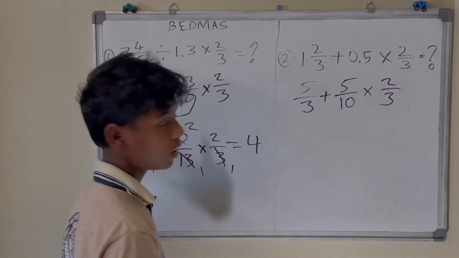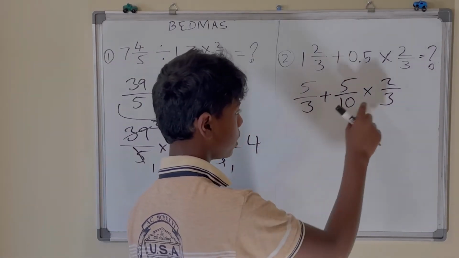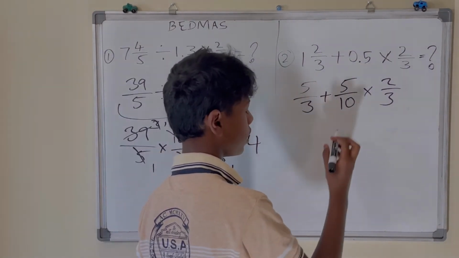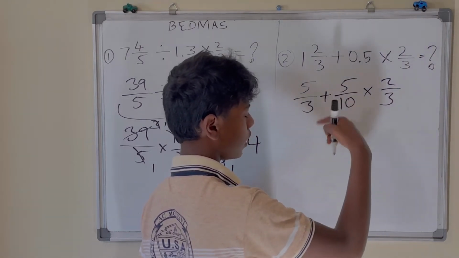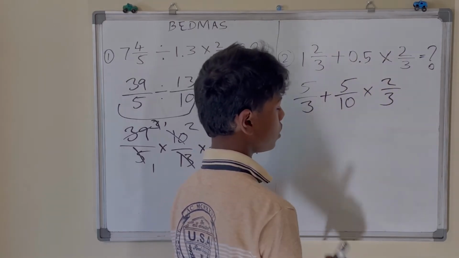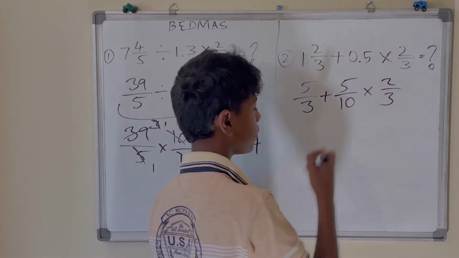So here we use BEDMAS. So it's BEDMAS, we do multiplication first and then our addition. So we're going to do this part first. So we're going to cancel out. So 5 and 3 we can't do anything, but with 10 and 2 we can cancel out. So what times 2 is 10? 2 times 5 is 10.